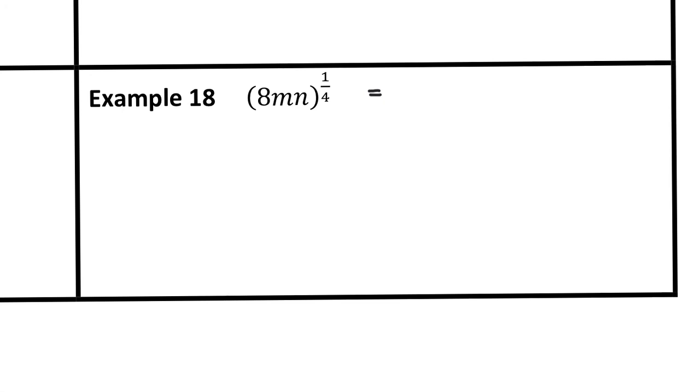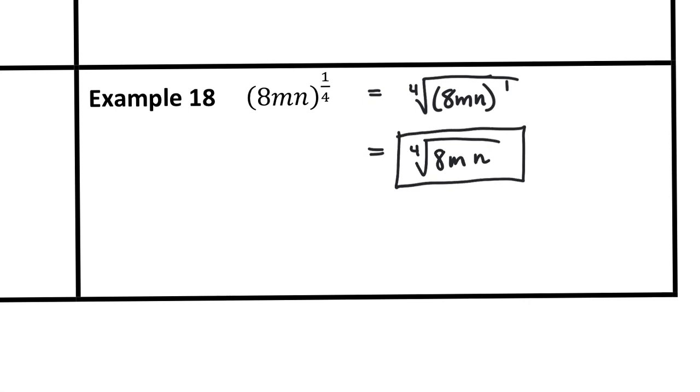So all we can really do is put the root symbol and put 8mn, and then inside is the power of 1, and in the front is the 4. But 8mn to the power of 1, we can just rewrite as the 4th root of 8mn. And that's pretty much it.